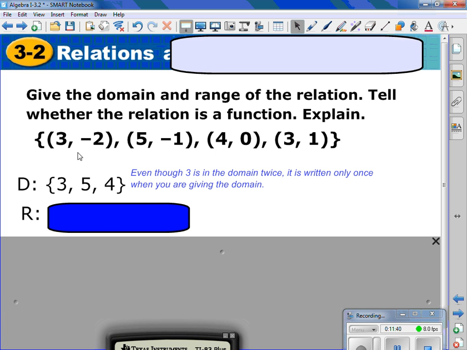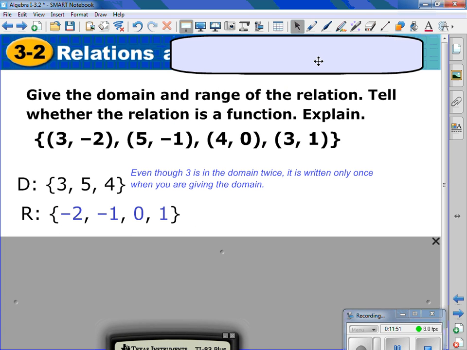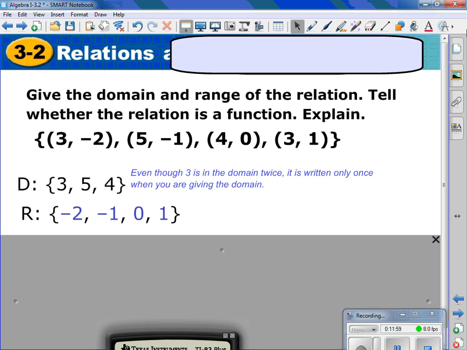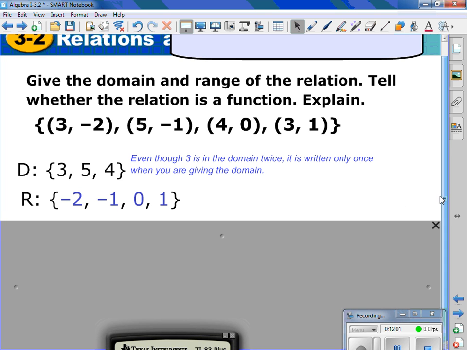What's my range? -2, -1, 0, and 1. Think of this like my mapping. 3 goes to -2. 5 goes to -1. 4 goes to 0.